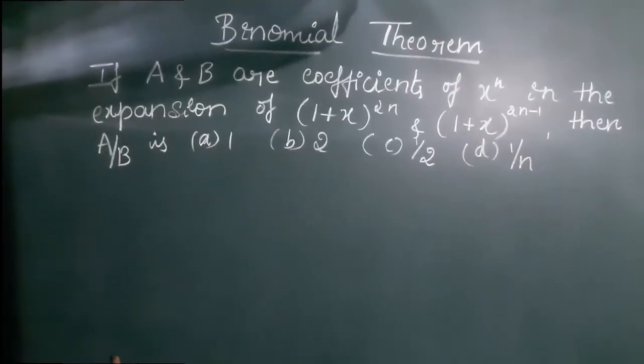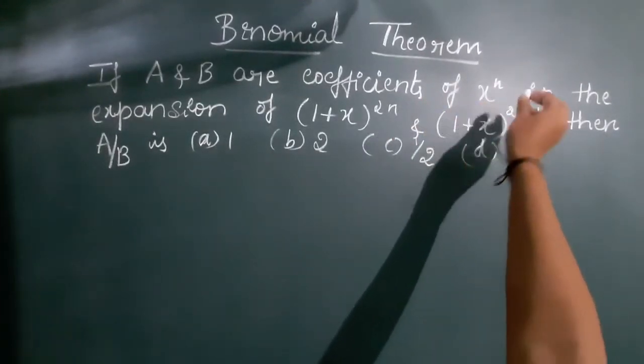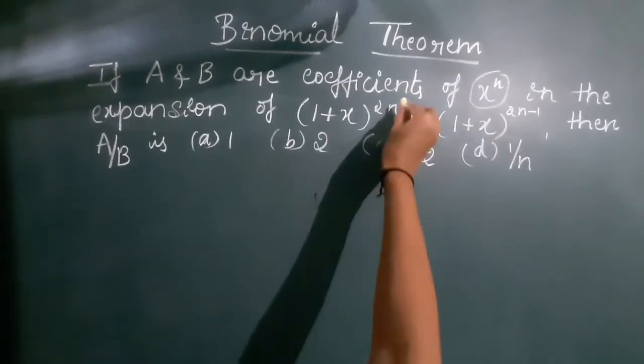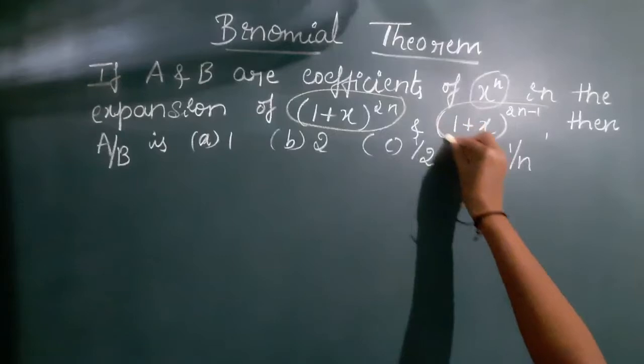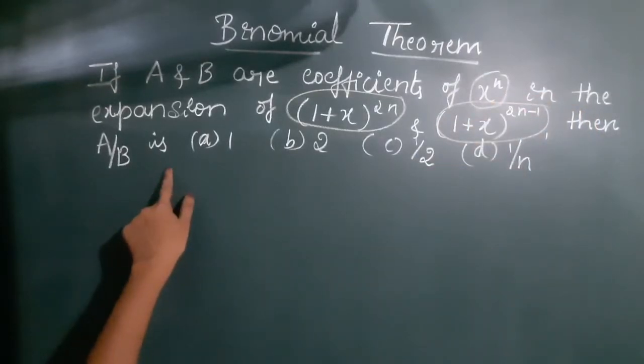Question. If A and B are the coefficients of x to the power n in the expansion of (1 plus x) to the power 2n and (1 plus x) to the power (2n minus 1) respectively, then A by B is? Is it clear?